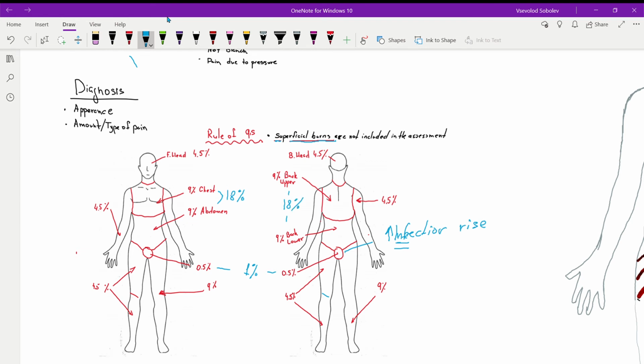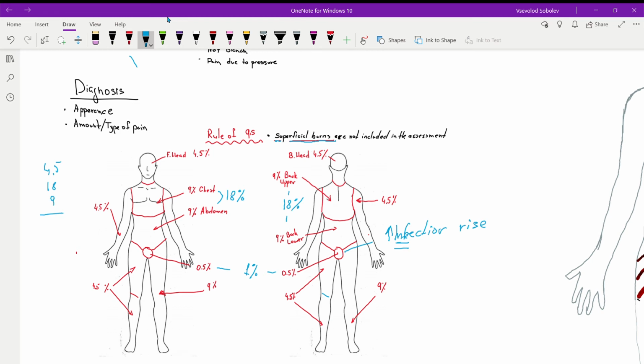So yes, you have to memorize this formula. Once you get your number, for example, the person sustained injury to, let's say, the right hand, 4.5, the chest, 18%, and the right leg, so that would be 9%.